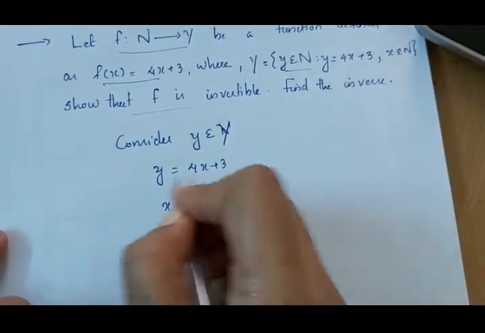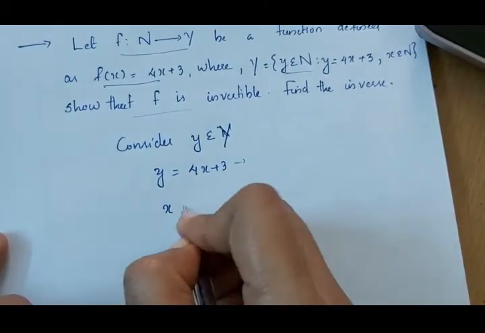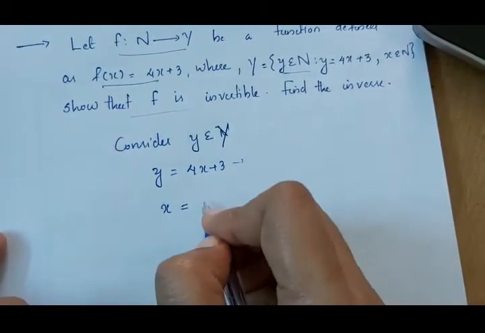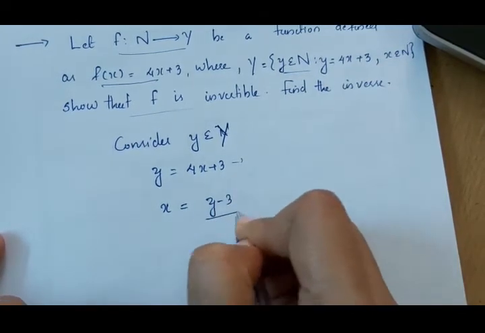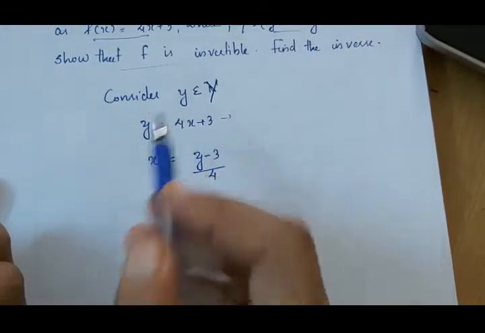Let's rewrite the value of x using this equation. Then x is y minus 3 divided by 4. Hope you understand. We redefine the value of x using the equation.